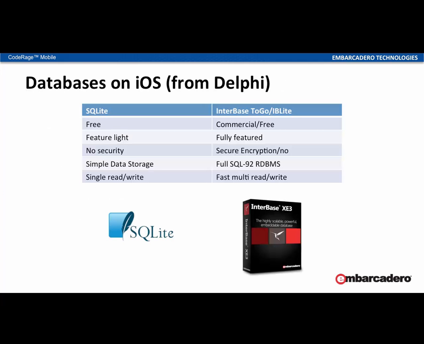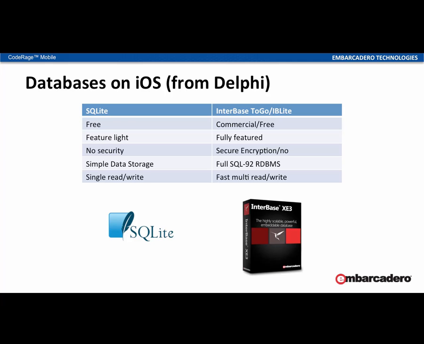The starting point is the databases you can access directly on a device from a Delphi application. There are basically two options. One is SQLite. This is a database engine that is part of the iOS SDK, has the advantage of being already deployed to the device, so you don't have to deploy it, making the application smaller.